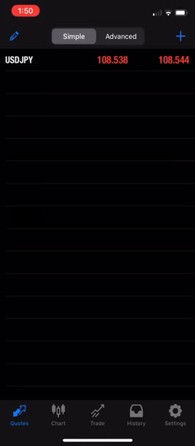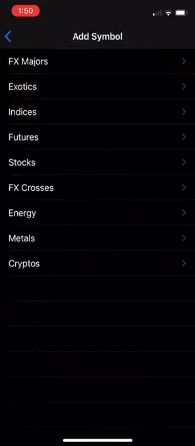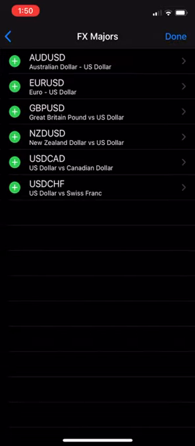So if you see the plus sign in the top right corner, we're going to click on that. At the very top, you see it has FX majors, and in the middle, you'll see FX crosses. We'll go to majors first and click on that. These are the major pairs that most people trade.